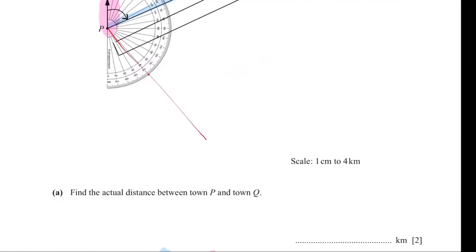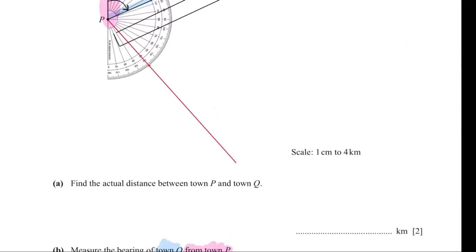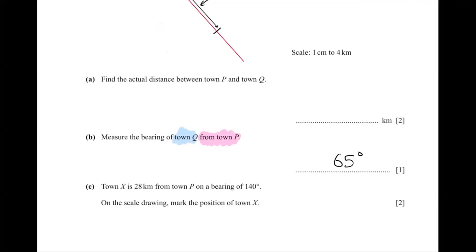From P, draw this line first. After you have the line, just leave it as it is. Then measure how long 28 kilometers is in centimeters, which is about 7 centimeters. And this is town X.